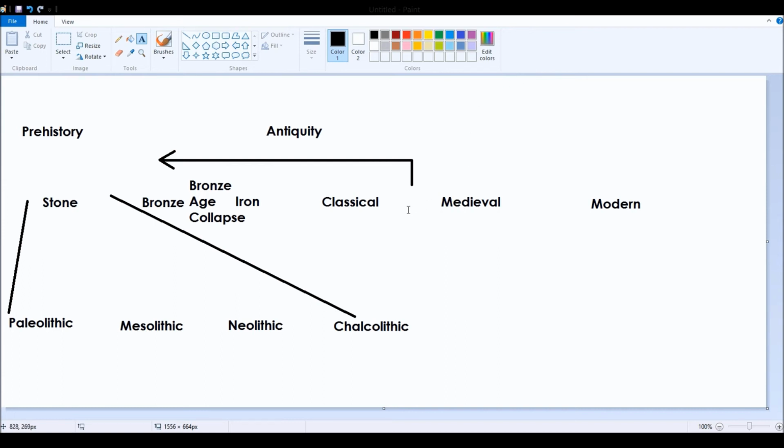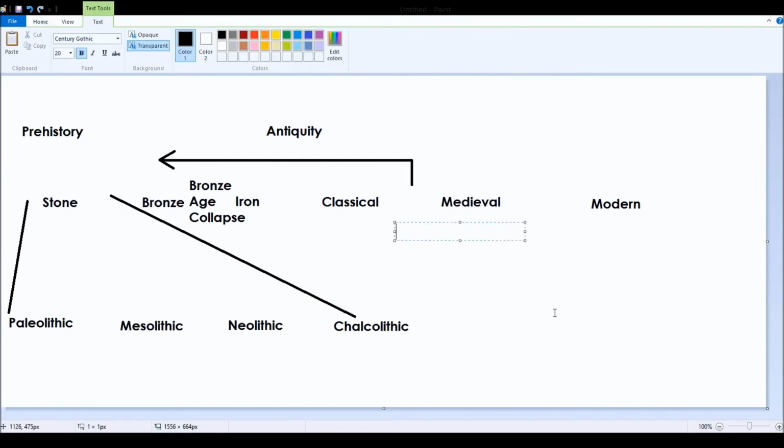But anyway, a great way to define the real division in European history from classical to medieval is, of course, the migration period, which is heavily involved with the collapse of the Western Roman Empire.